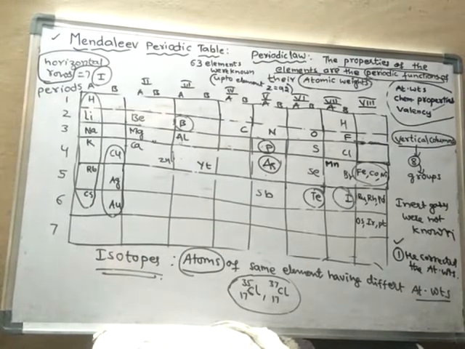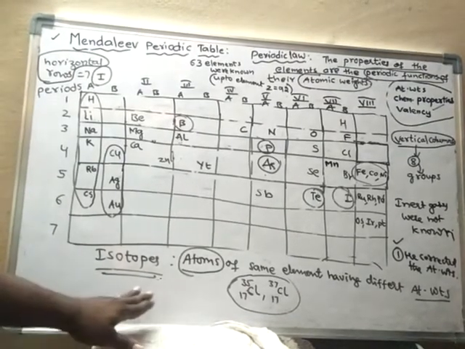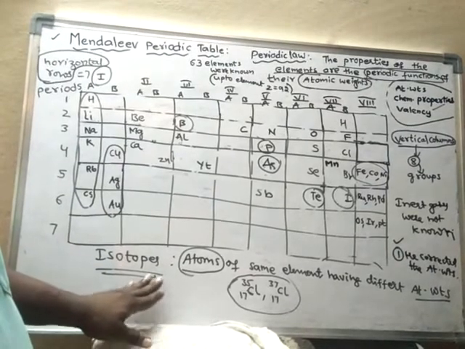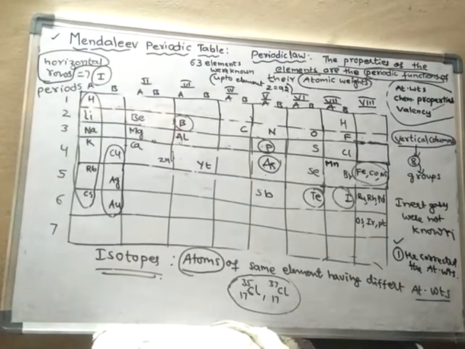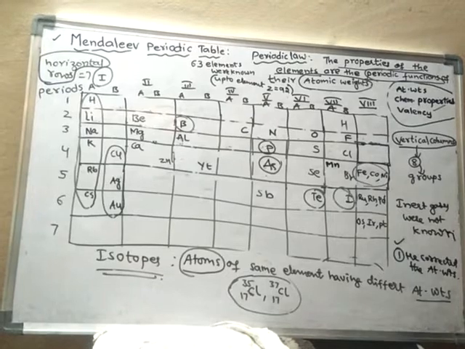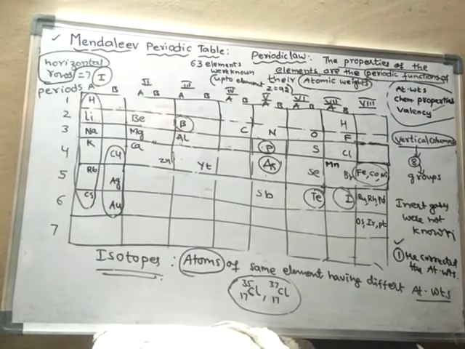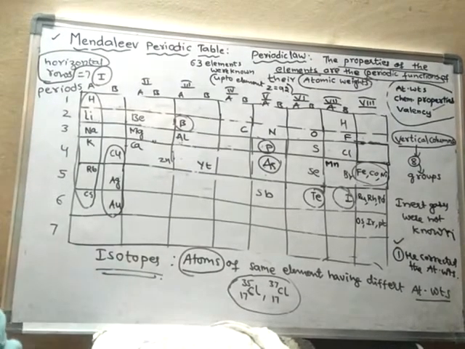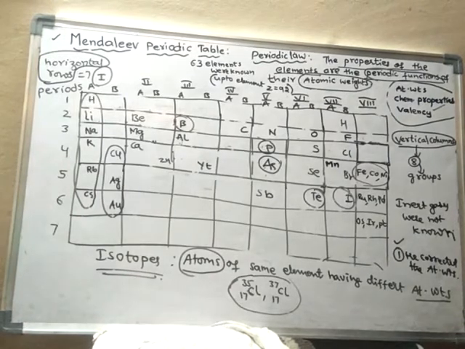When the discussion about isotopes came up, he kept silent. So like this, the position of isotopes is also one of the defects in the Mendeleev periodic table.